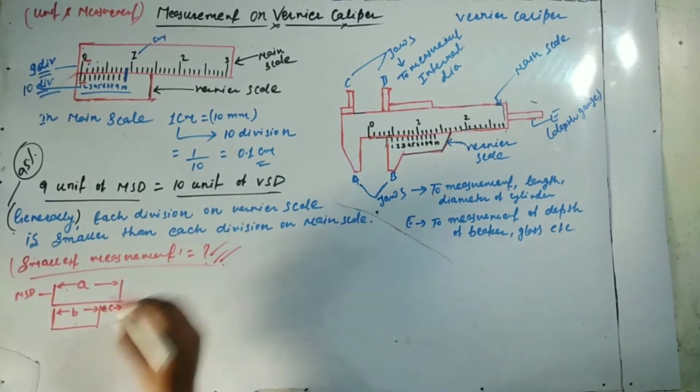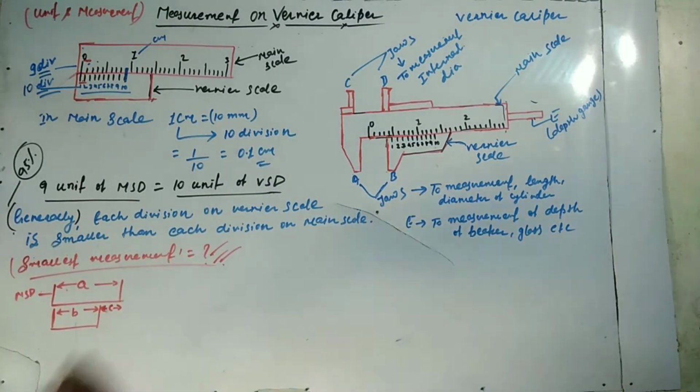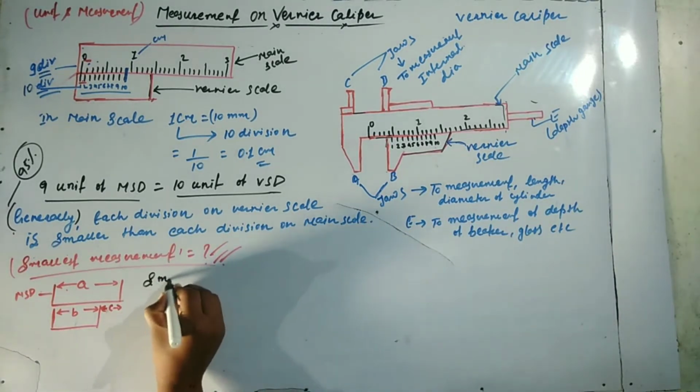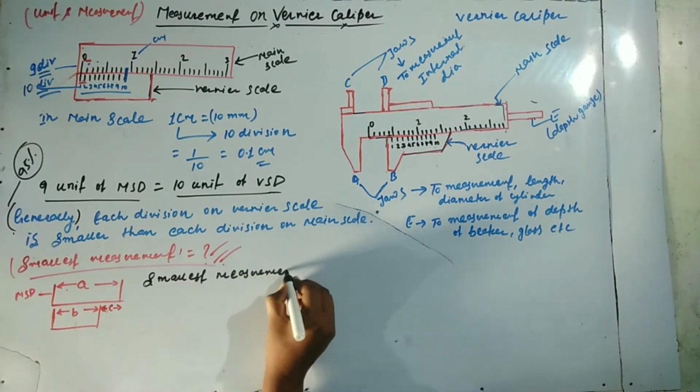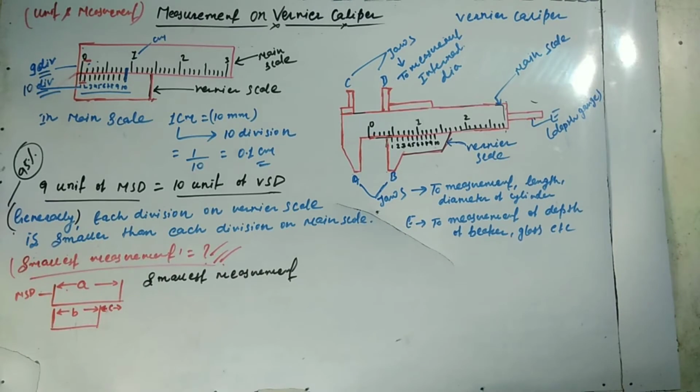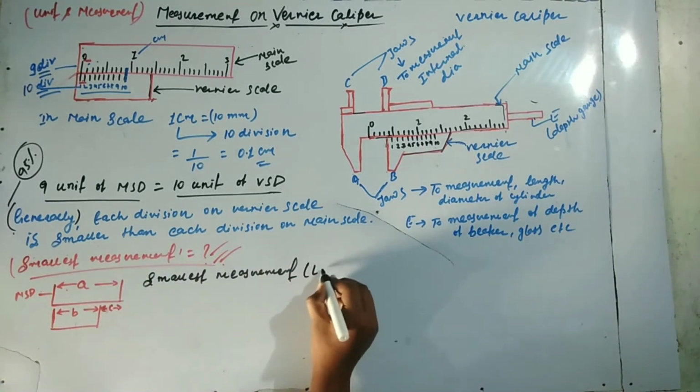Here, what is the smallest measurement? You can guess. The smallest measurement is the difference between one main scale division and one Vernier scale division.